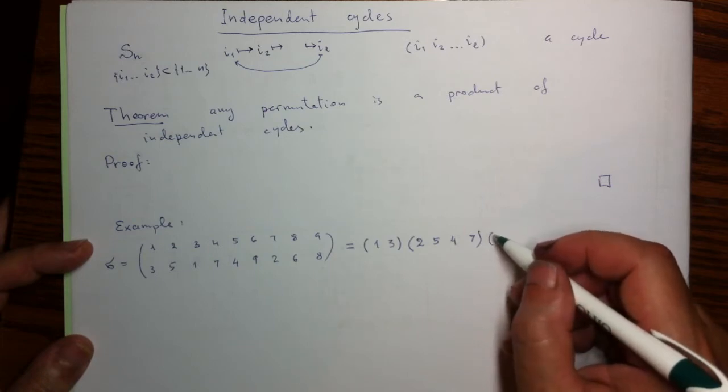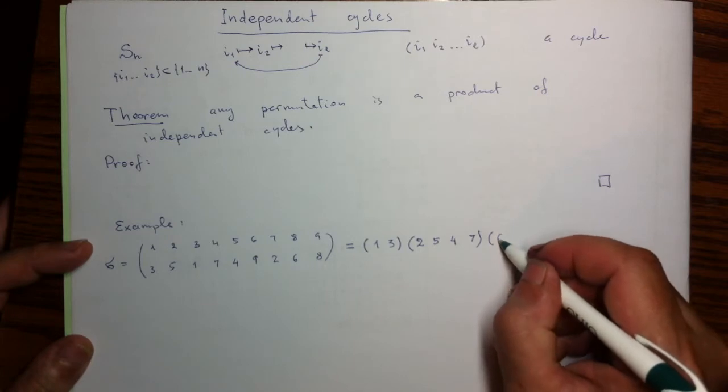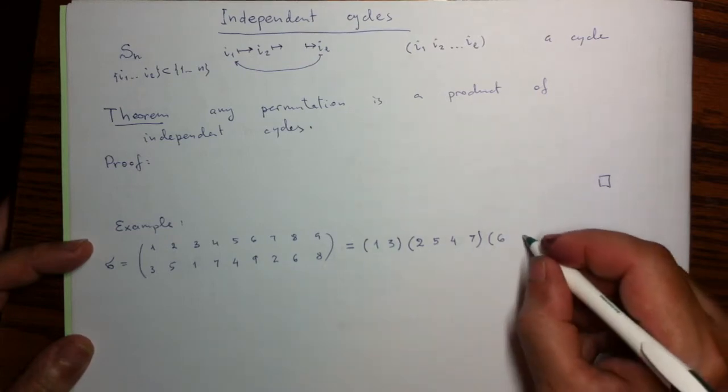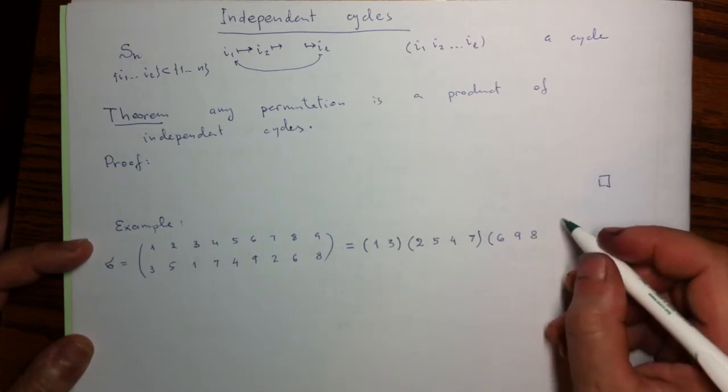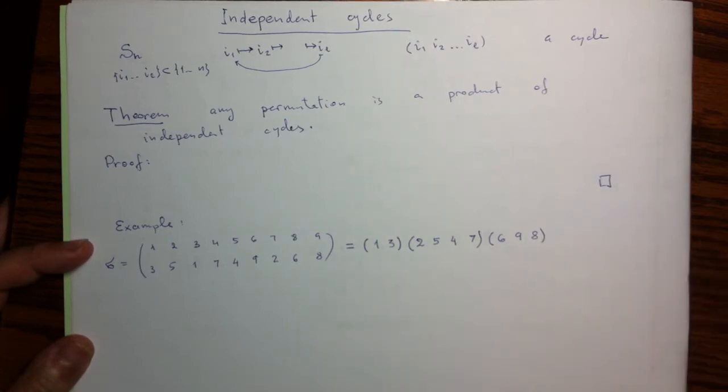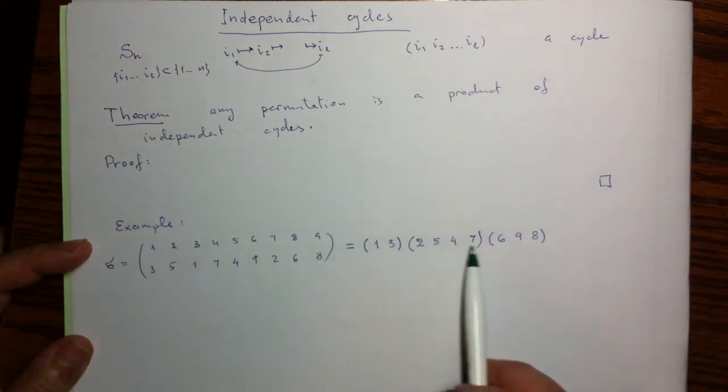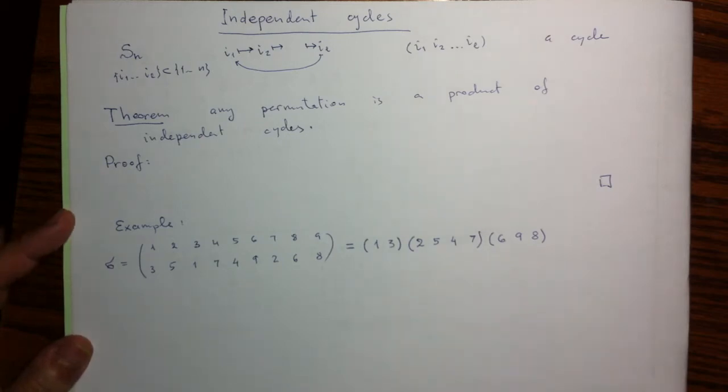So 2, 3, 4, 5, 6. 6 goes into 9, and 9 goes into 8, and 8, no other place, but I have to go back to 6. So we have completed the decomposition into independent cycles. Yeah, you see how it goes.